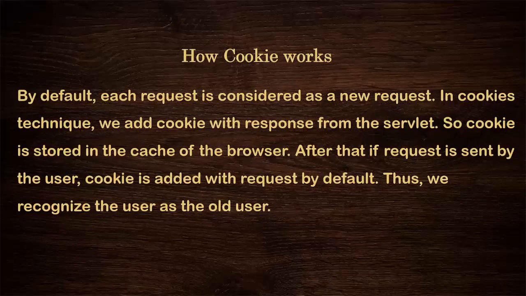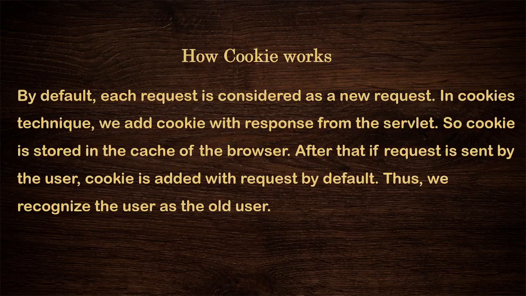By default, each request is considered as a new request. In the cookies technique, we add a cookie to each response from the server. So the cookie is stored in the browser. After a request is sent by the user, the cookie is added with the request by default. Thus, we recognize the user as an old user.